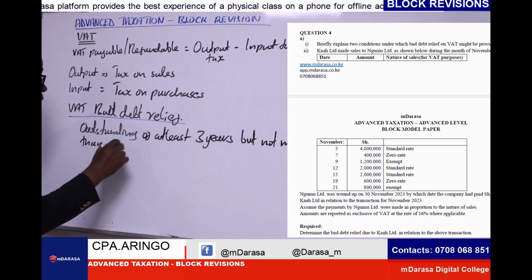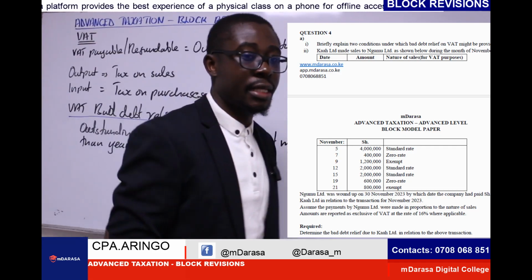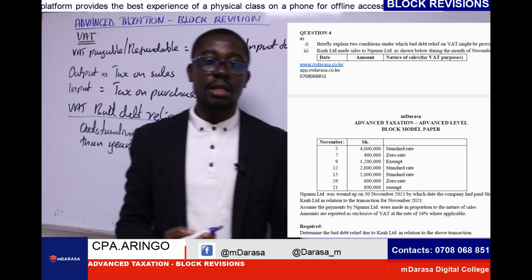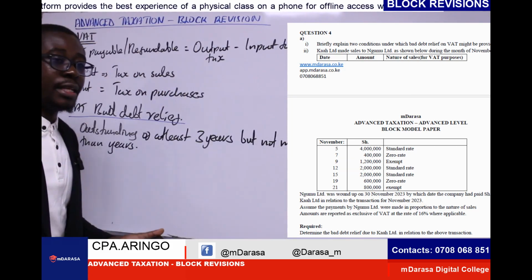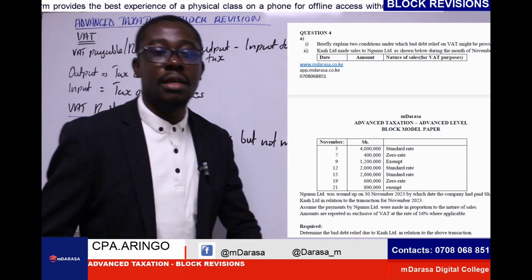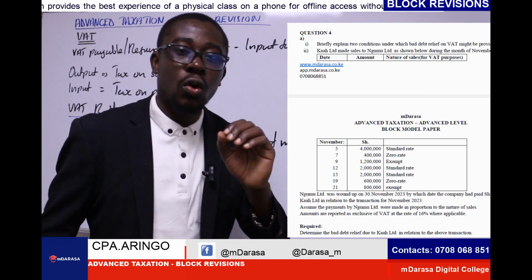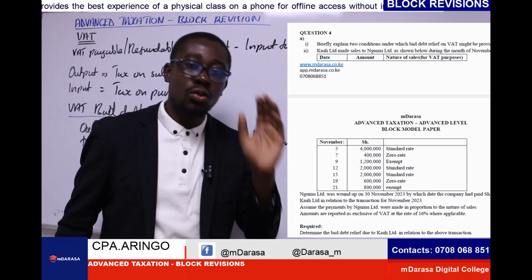You see? So these are the conditions under which you are to be granted the VAT bad debt relief. Condition number one, the debt of a taxpayer, must have been declared bankrupt or insolvent, meaning that this person won't pay that value anymore.